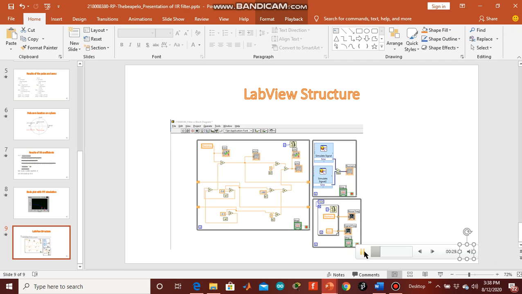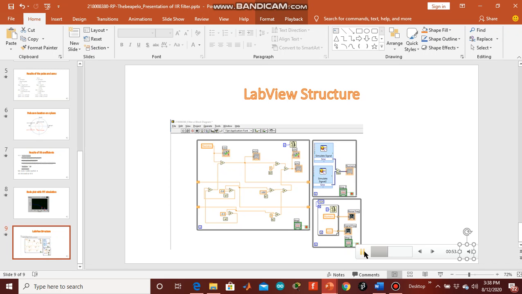There's also negative A1, negative A2. In there I have substituted the coefficients I have obtained from the equation of IIR, where in this case they are affected by the negative on the A1 and A2.